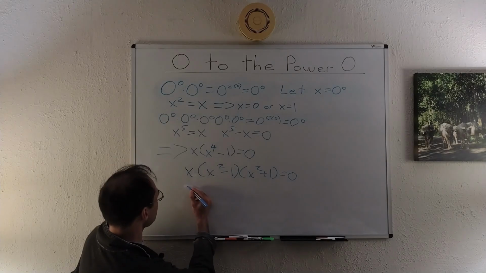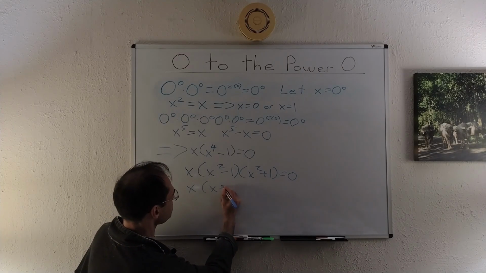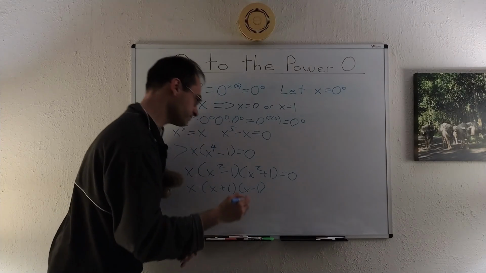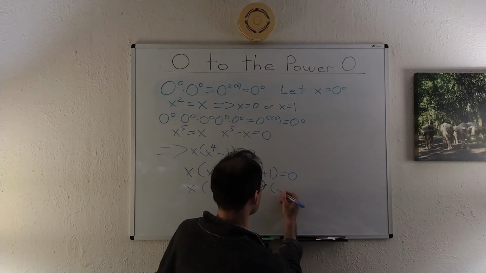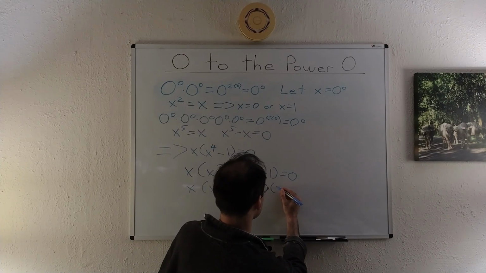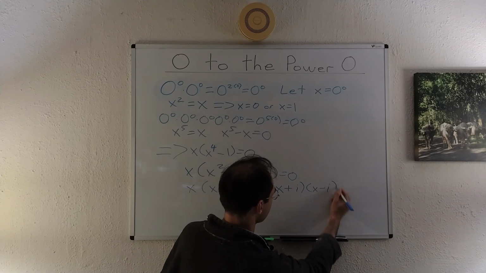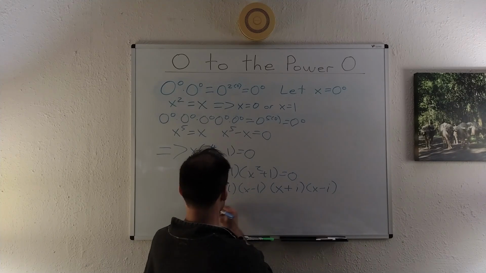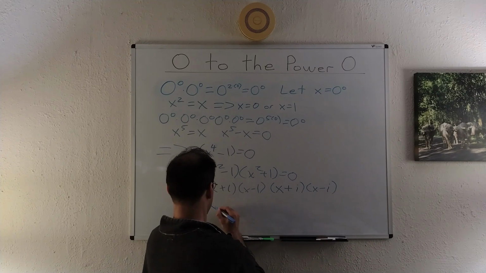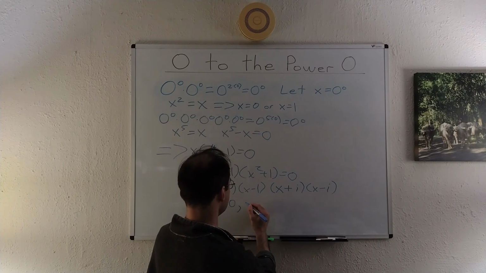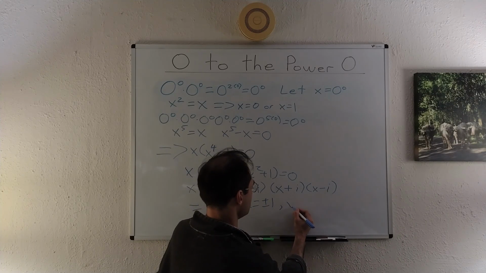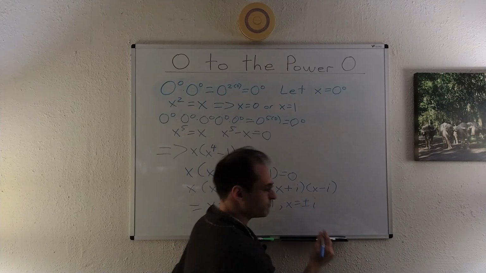And that'll give us x plus 1, x minus 1, and we'll just write it as x plus i, x minus i. And this will give us x equals 0, x equals plus or minus 1, and x equals plus or minus i.